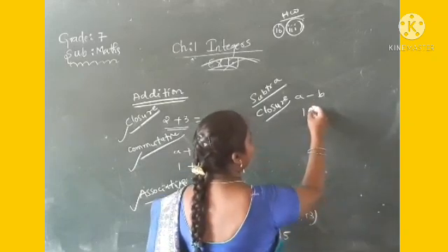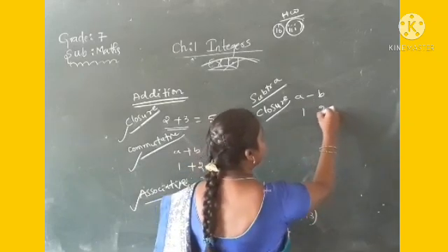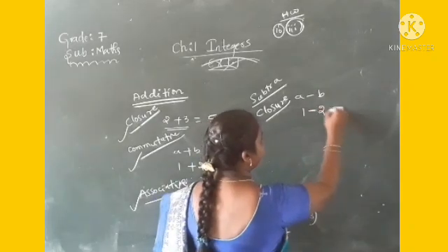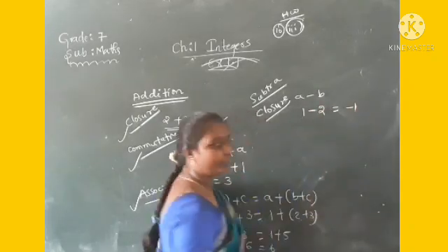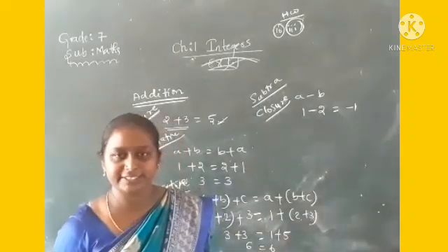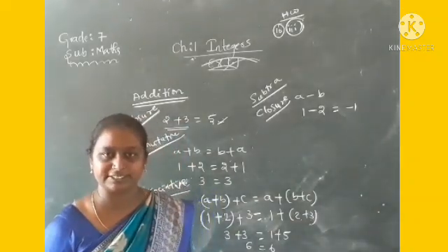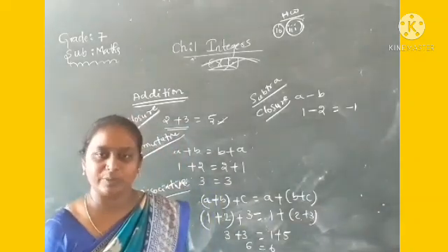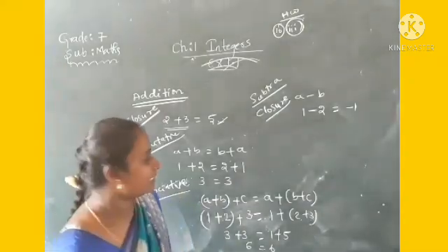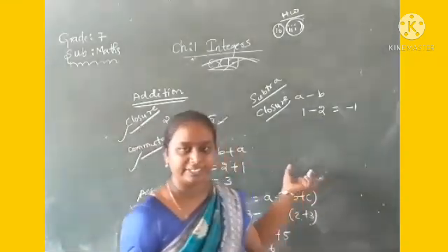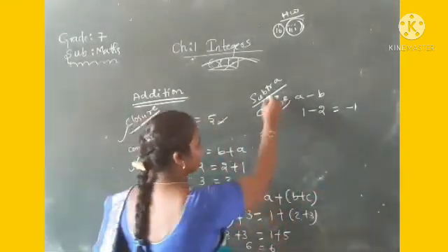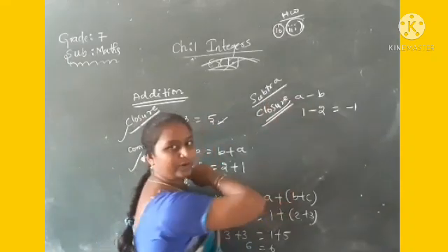Take a is 1 and b is 2. 1 minus 2 is equal to minus 1. Is minus 1 an integer or not? Yes, a negative integer. Integers have positives and negatives. So under subtraction, closure property holds.